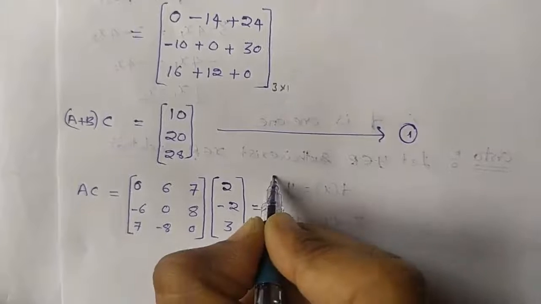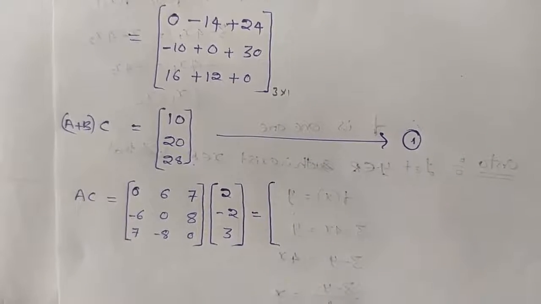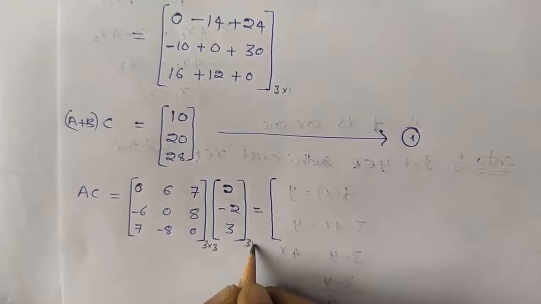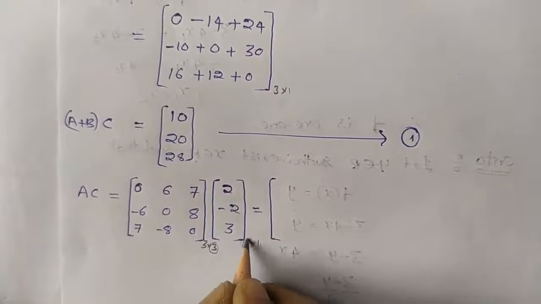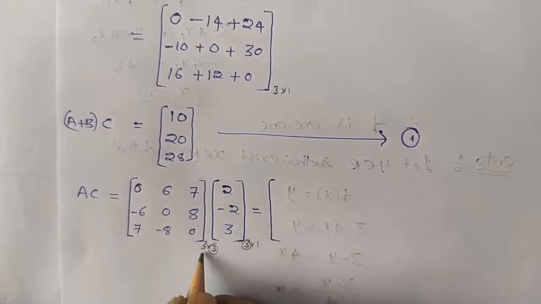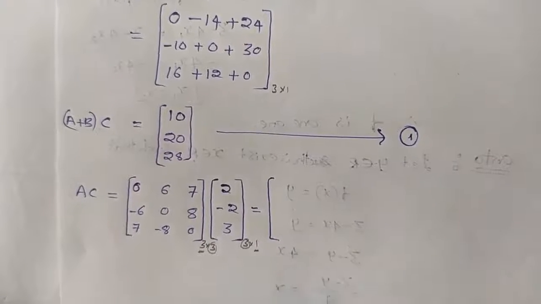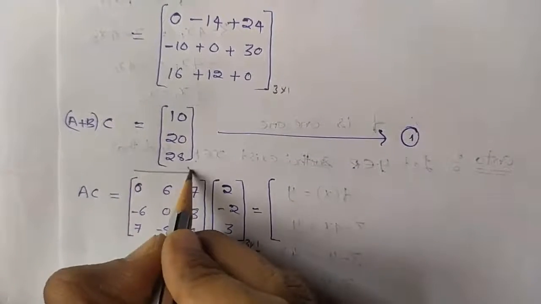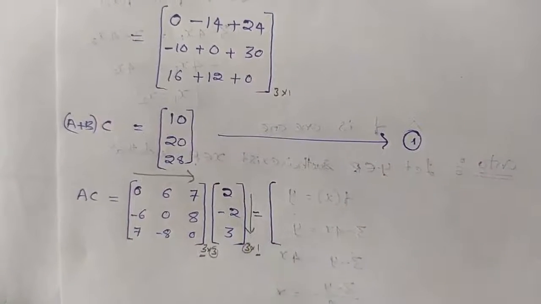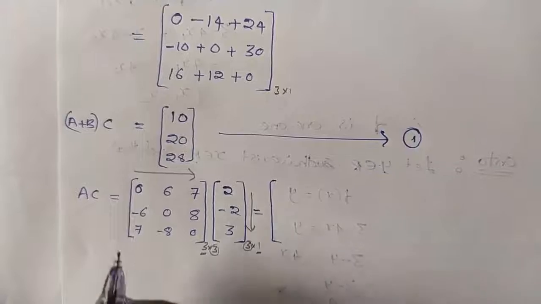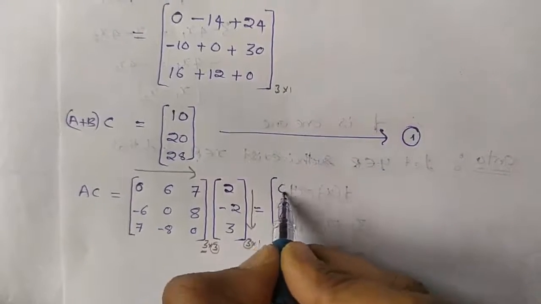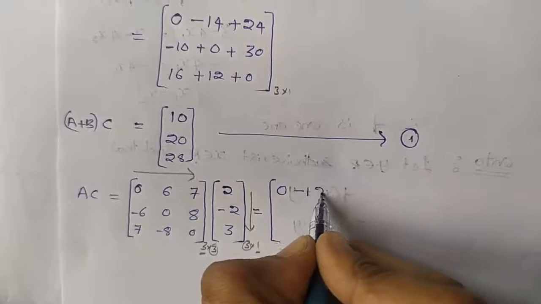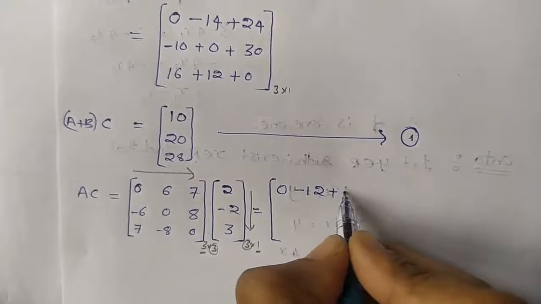In this also, matrix multiplication, a 3 by 3 matrix and a 3 by 1 matrix, multiplication is possible. If we multiply these two matrices, we will get a 3 by 1 matrix. Apply matrix multiplication. 0 into 2 is 0. 6 into minus 2 is minus 12. 7 into 3 is 21.